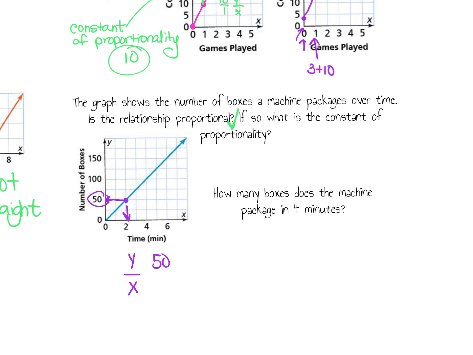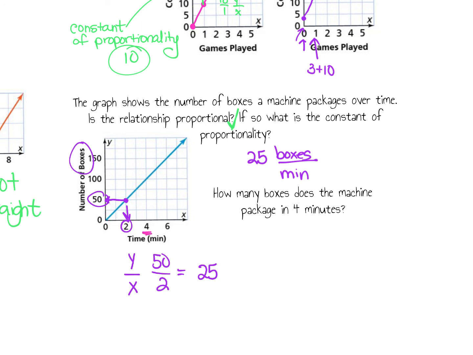My x value is 2. 50 divided by 2 is 25. 25, and then our units are boxes per minute.